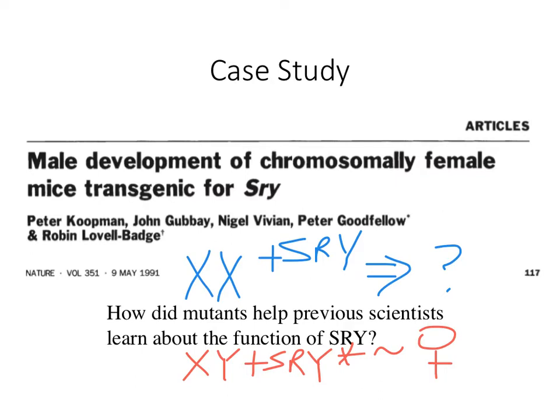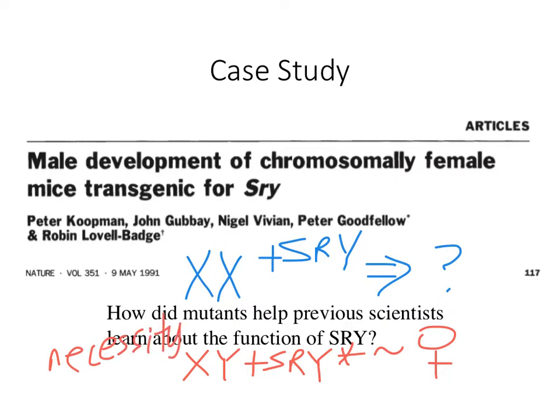If you don't have a functioning version of SRY and you can't be male, or you don't develop as male, then what word would you use? Fill in the blank. SRY is, fill in the word, for producing males. Essential, necessary. Same idea. You have to have it. So this is the concept of necessity.